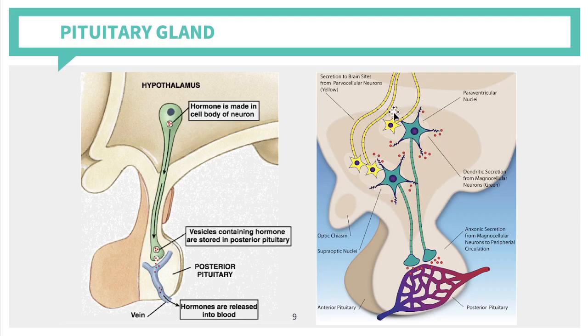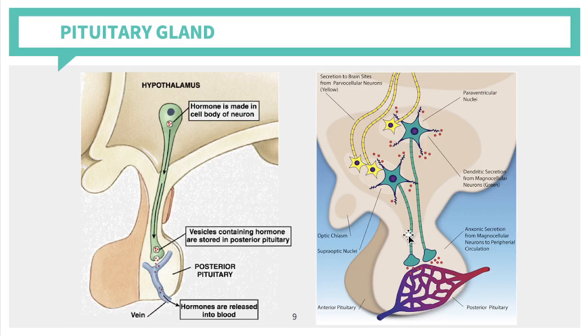Once synthesized, they go to our posterior pituitary gland where they are stored. Okay? Just remember that. Again, OP: oxytocin, paraventricular nuclei. Antidiuretic hormone, AS: antidiuretic hormone, supraoptic nuclei.